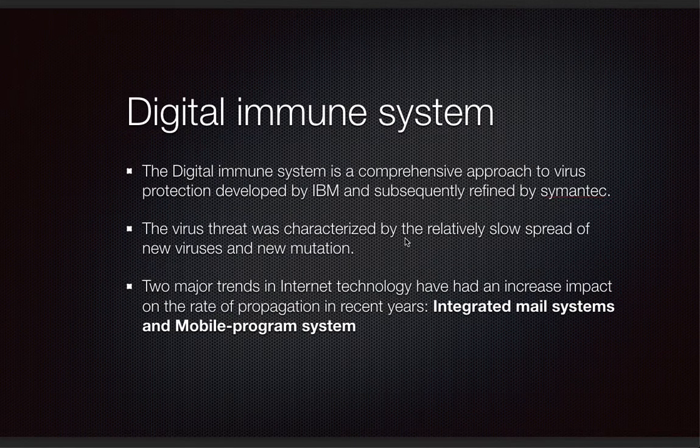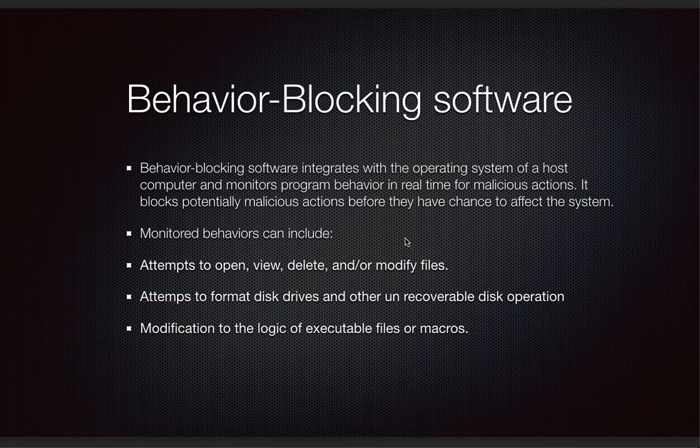The digital immune system is a comprehensive approach to virus protection developed by IBM and subsequently refined by Symantec. Behavior blocking software is integrated with the operating system of a host computer and monitors program behavior in real time for malicious actions. It blocks potentially malicious actions before they have a chance to affect the computer.